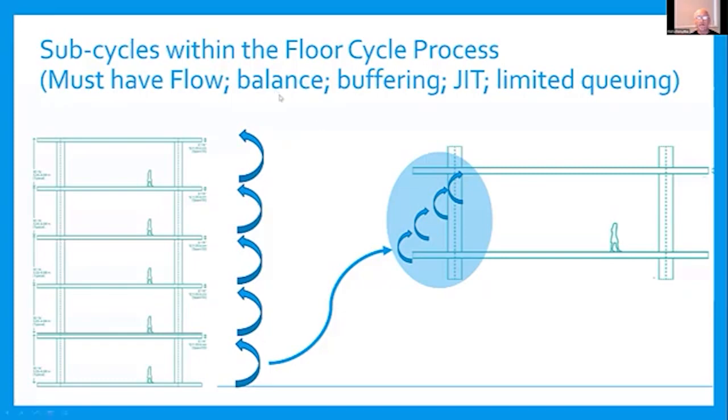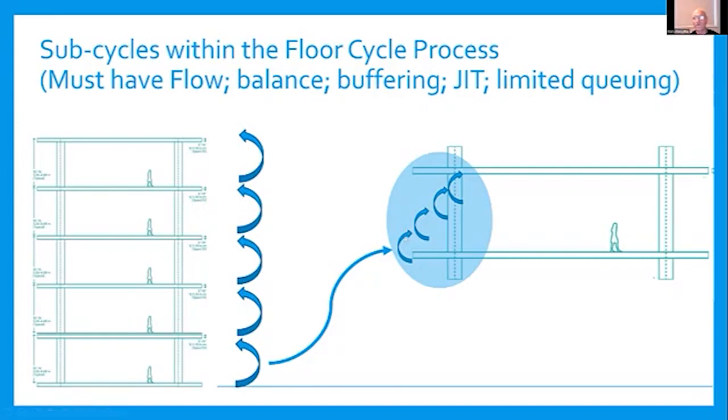We need balance insofar as whatever this first sub-cycle does is producing at a rate that is ready for the next sub-cycle to take it on. We want a little bit of buffering so that if things go occasionally wrong, not systematically wrong, we can deal with that as a crew.